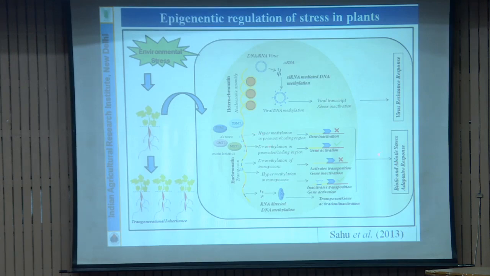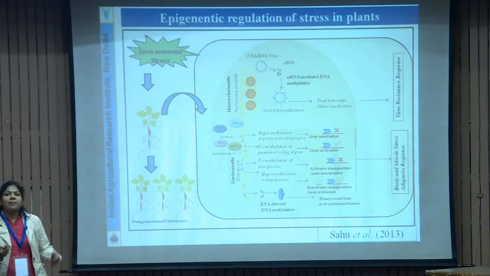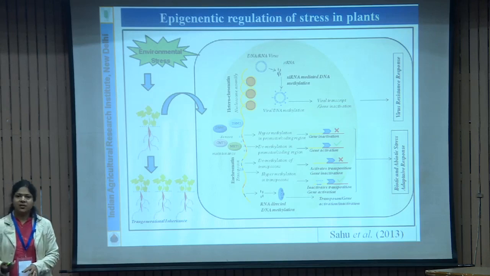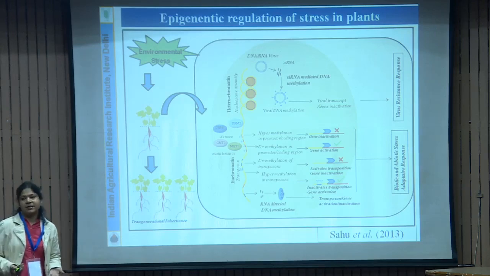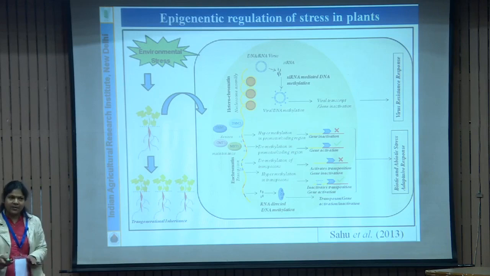Similarly, when any other pathogen or any abiotic stress is affecting the plant, the plant undergoes either hypermethylation of its promoter regions. Hypermethylation means more methylation, and more methylation means suppression or inactivation of a gene. So those genes which are helping the pathogen to survive in the plant, to promote susceptibility, may be hypermethylated and suppressed in the plants.